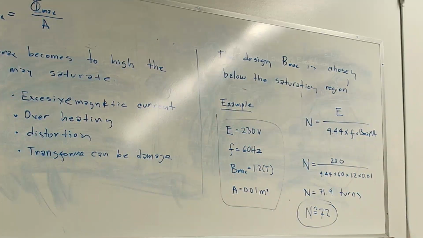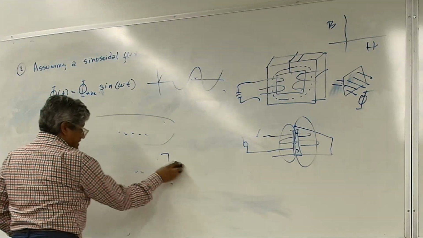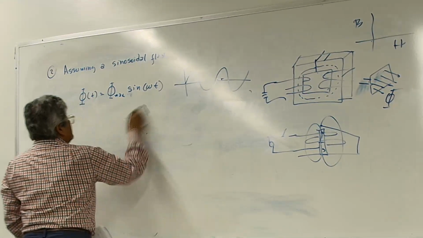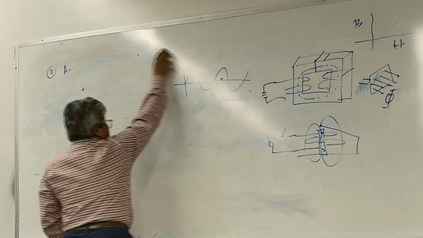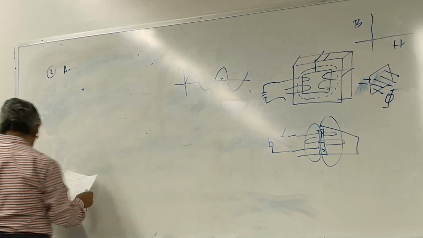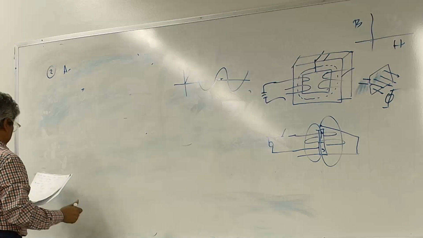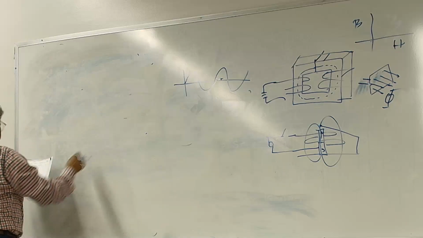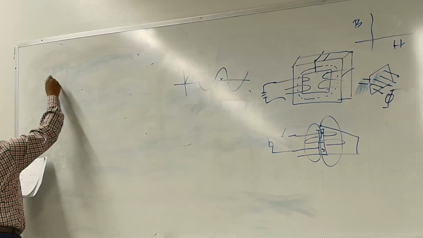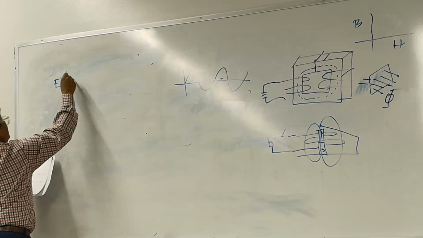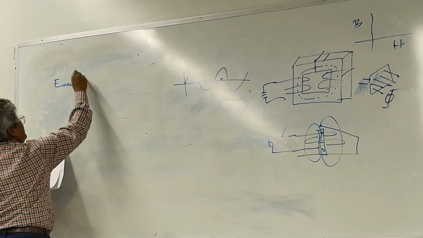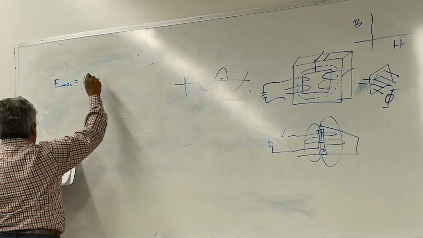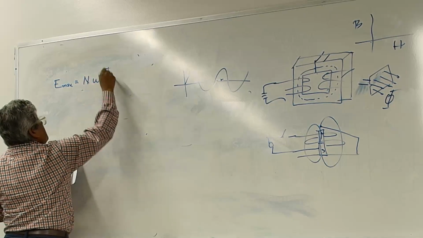So what he was asking me is this, and I don't know why I did this, but I did. So that equation, you write it here. I flip them. So E max is equal to N omega phi max.